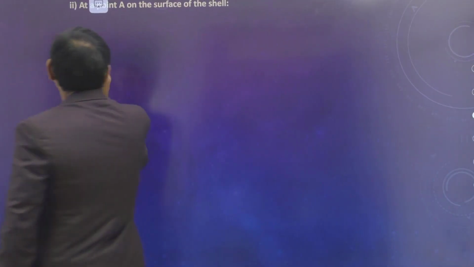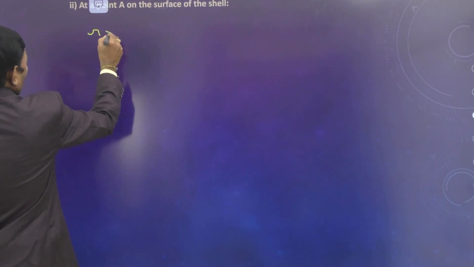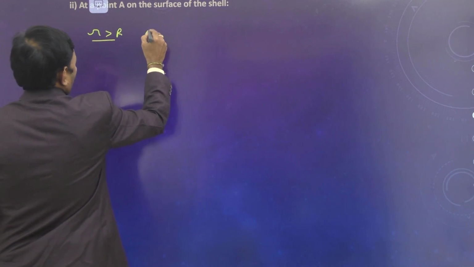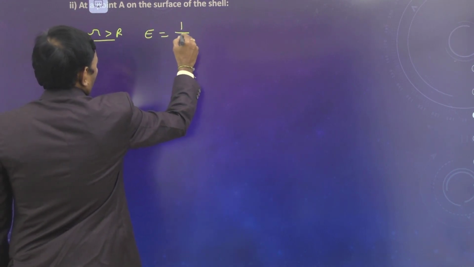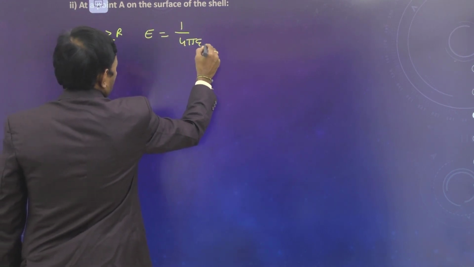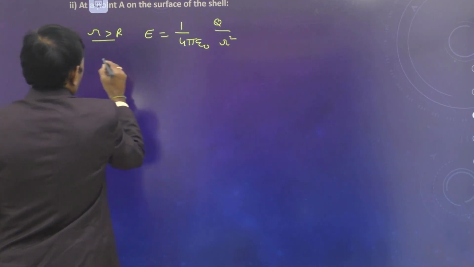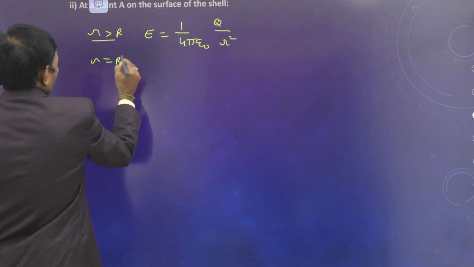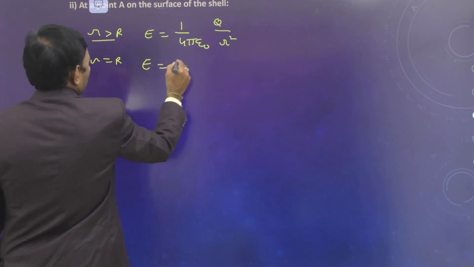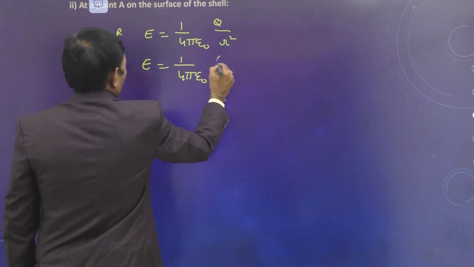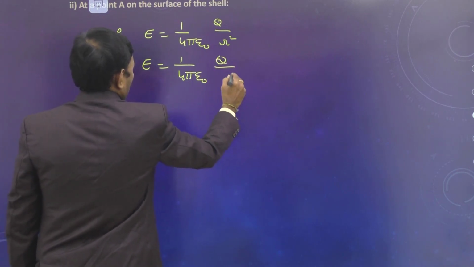For a spherical shell, when small r is greater than capital R, which is an outside point, the electric field is 1 by 4 pi epsilon naught q by small r square. When small r is equal to capital R, then E is equal to 1 by 4 pi epsilon naught q by capital R square.